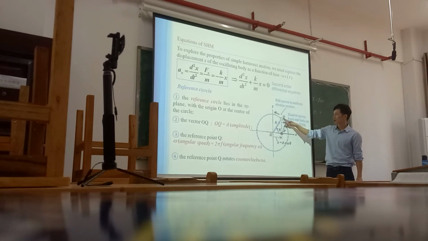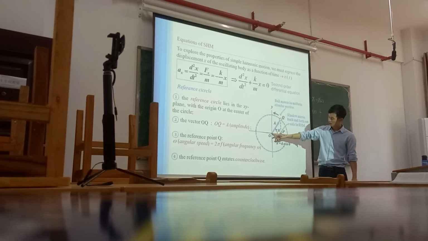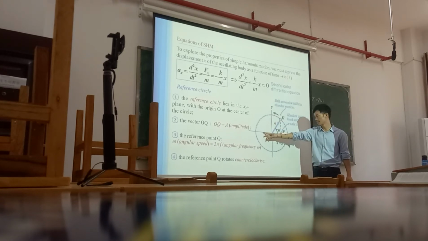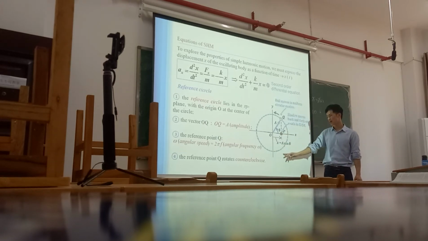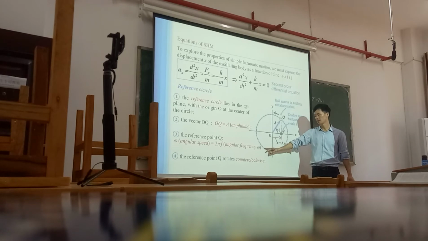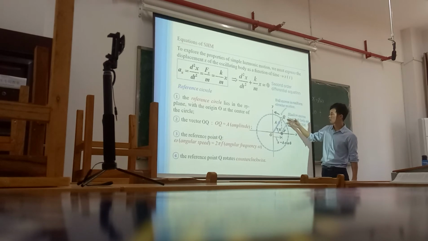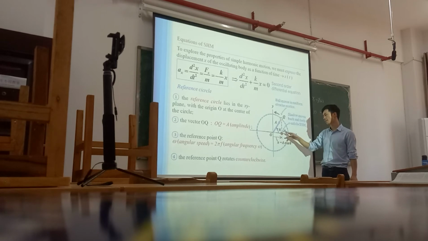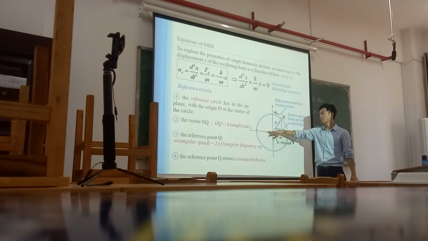If Q is at this position, P is at this point. If Q moves to this, then P is at this point. If Q is at the bottom, P is at this point. So when Q does the motion around the circle, the projection P will move along the x-axis back and forth.